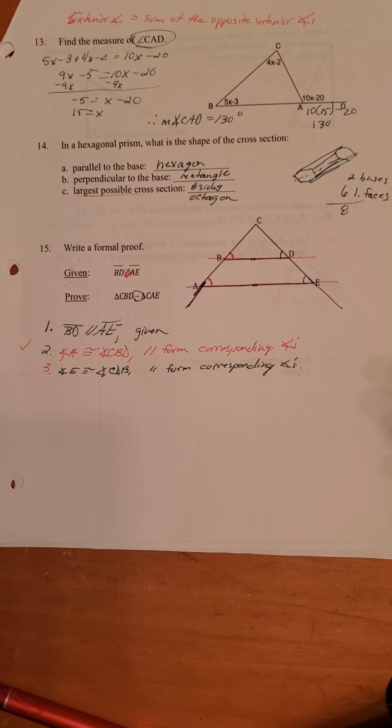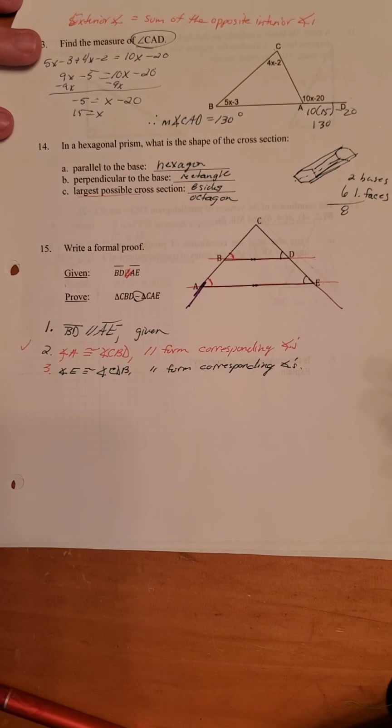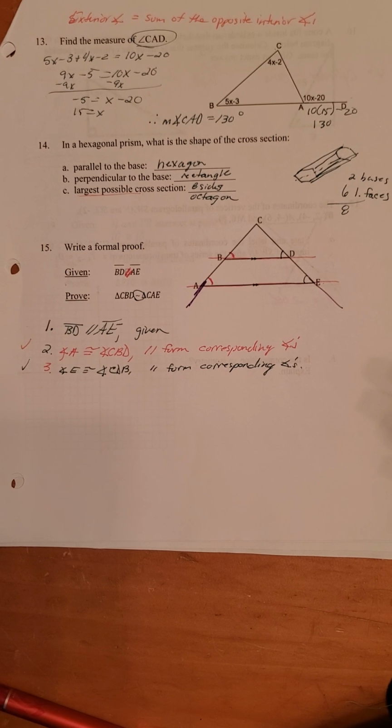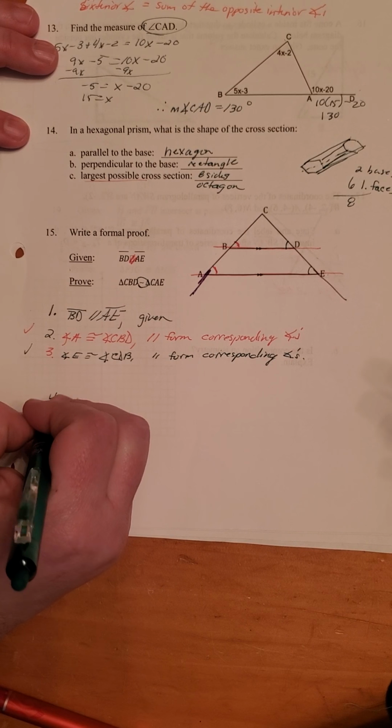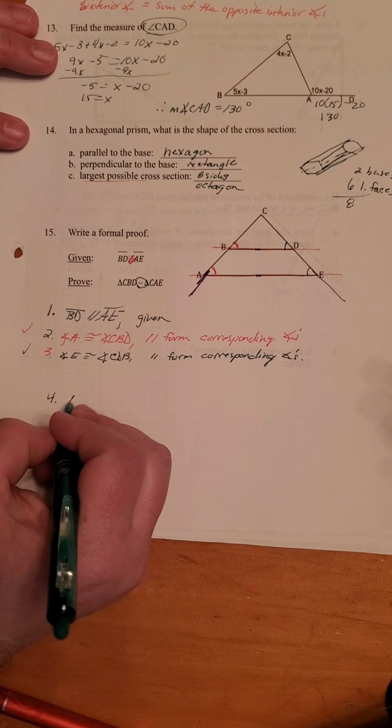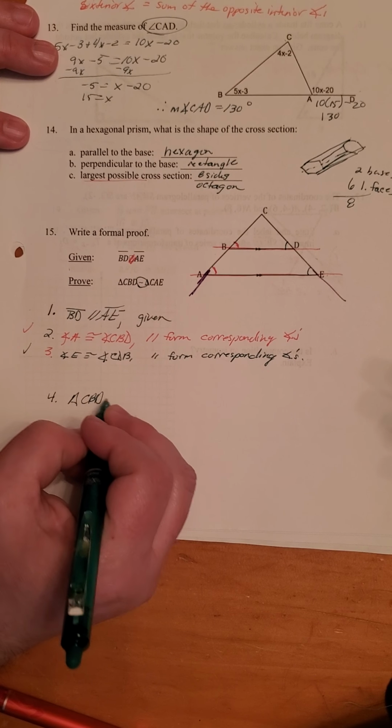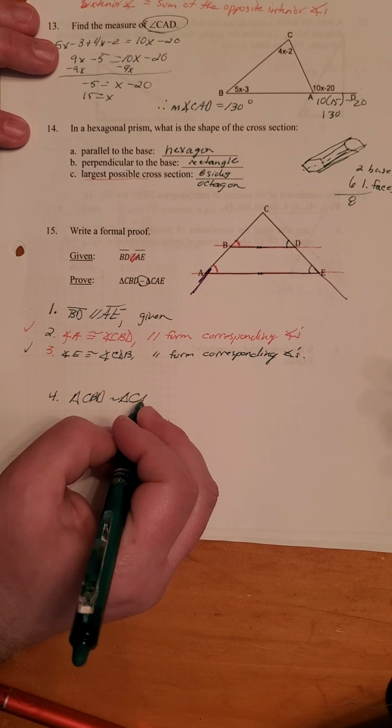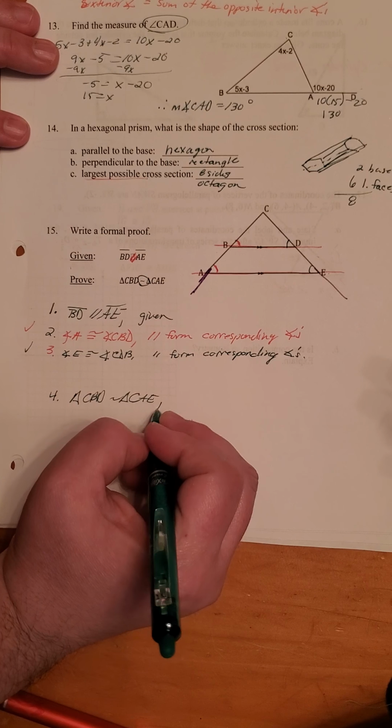Now you might be thinking, oh, I have a different one, because we're actually done at this point. You only need 2 pairs of congruent angles to do similar. So I'm going to go down, and you can actually go to this one here that says triangle CBD is similar to triangle CAE, and the reason is angle.